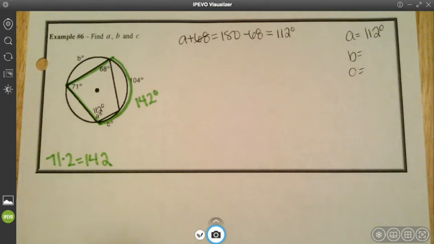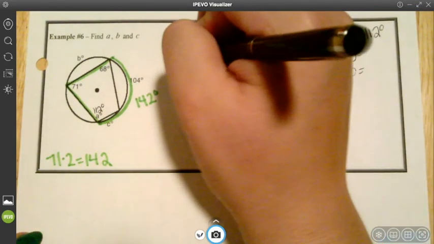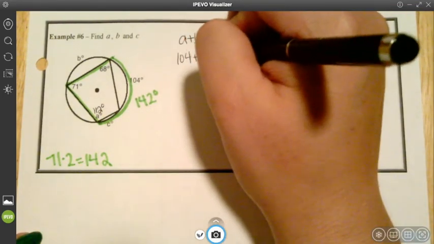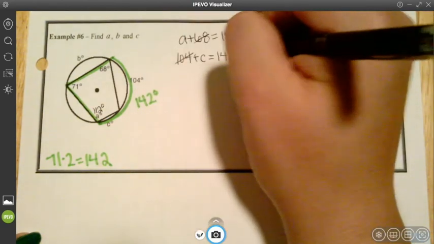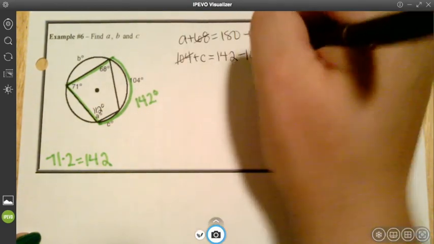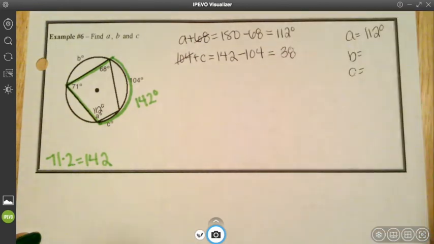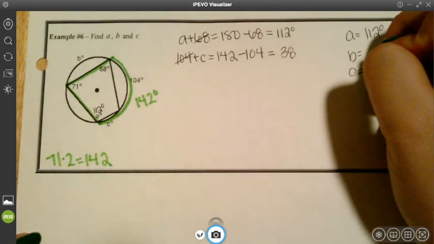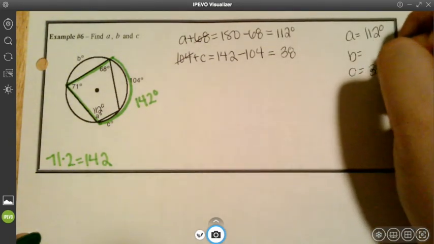So then I can say 104 plus C equals 142, minus 104 equals 38. So arc C is 38 degrees.